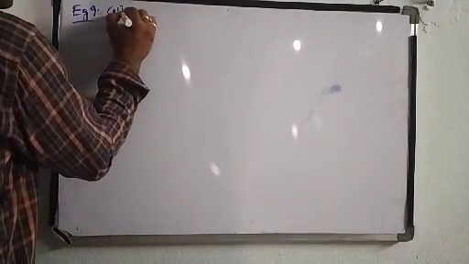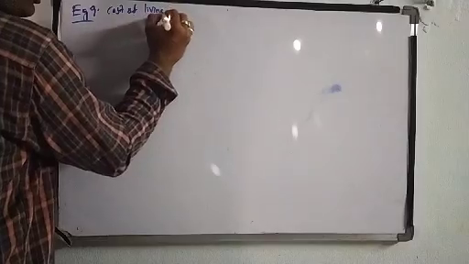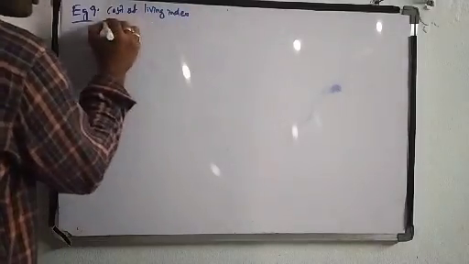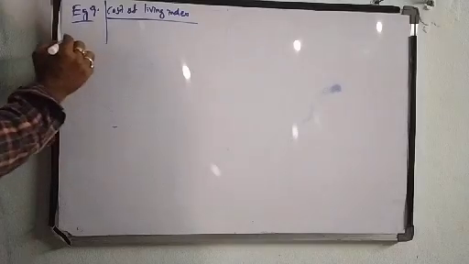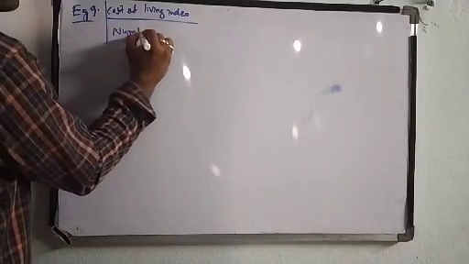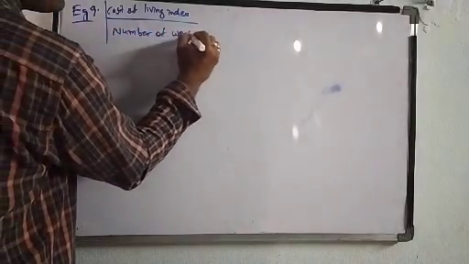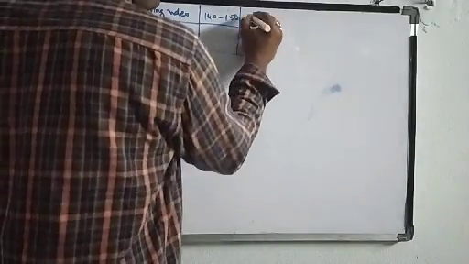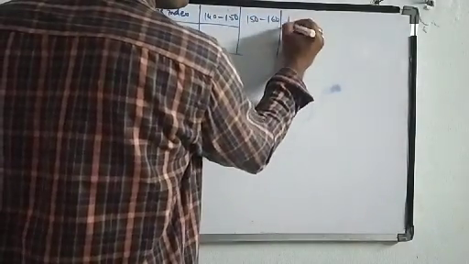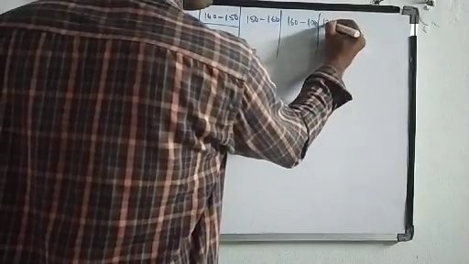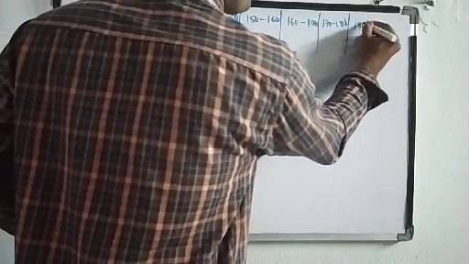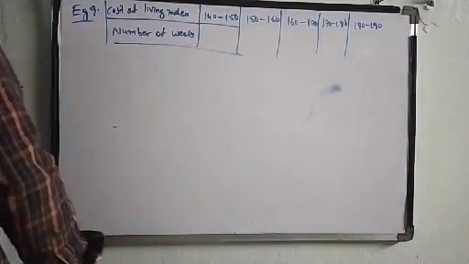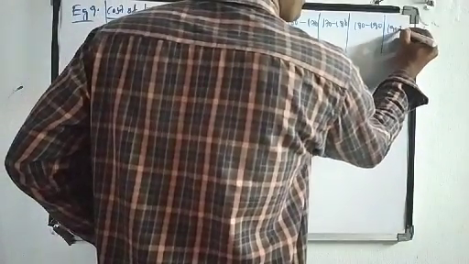Okay, next example 9. Cost of living index and number of weeks. $140 to $150, $150 to $160, $160 to $170, $170 to $180, $180 to $190, and the last one is $190 to $200.